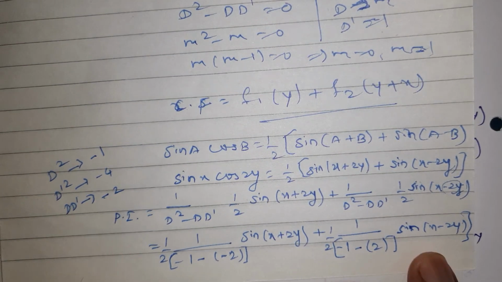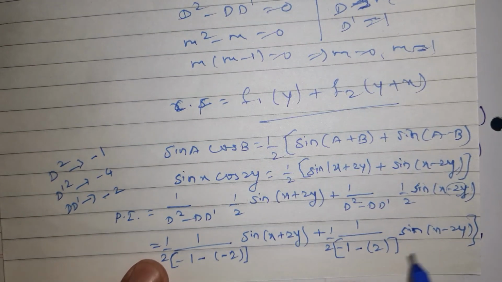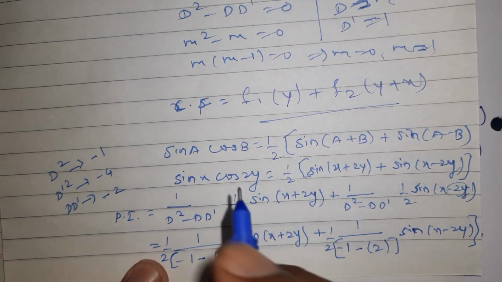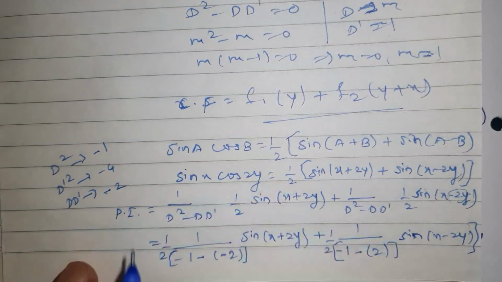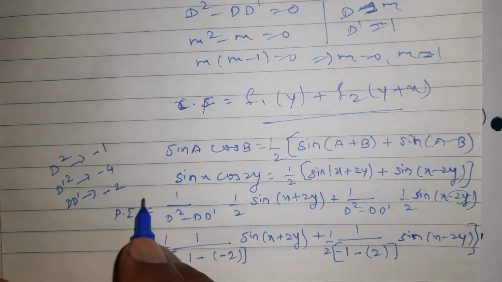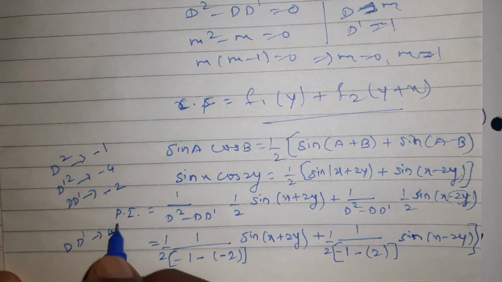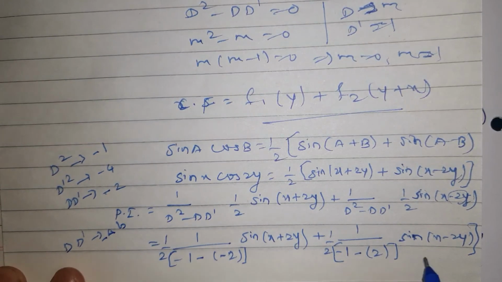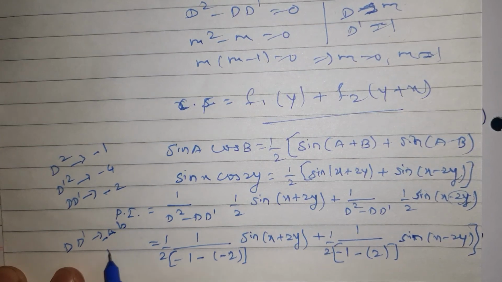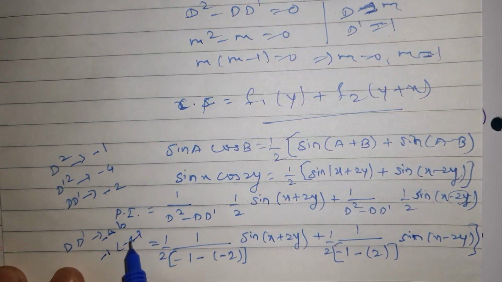Now everything is good, but you may get confused in this step. Why did I substitute plus 2 here? See, we have to replace DD′ by −ab. But if I put a as 1 and b as −2, it becomes −(1)(−2), so here it is plus 2.